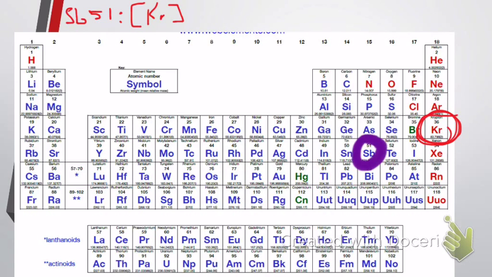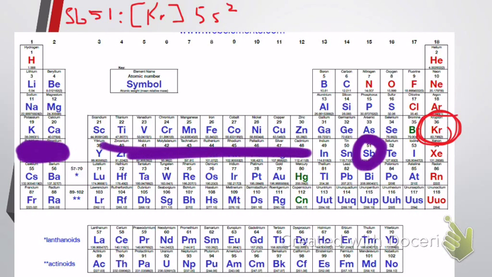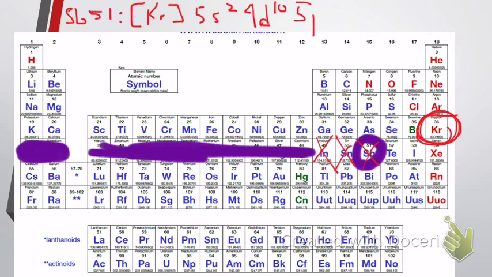So you do krypton. And then just the way that it's different than krypton. So we are going to have 1, 2, 3, 4, 5. So it's going to be 5s2 to get rid of those two, 4d10 to get rid of those 10. And then we have 1, 2, 3. So it's going to be 5p3.